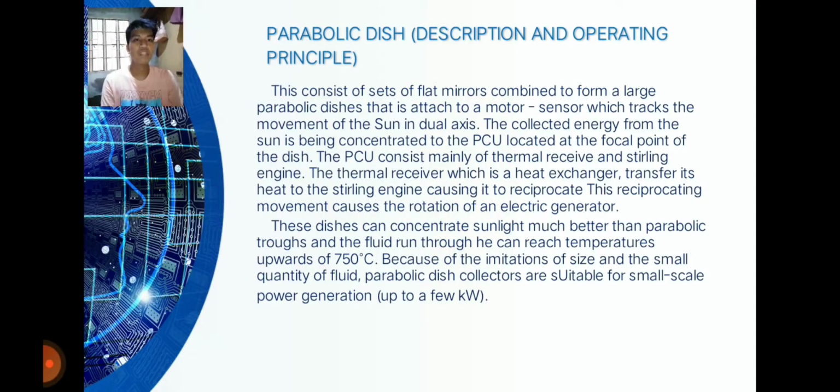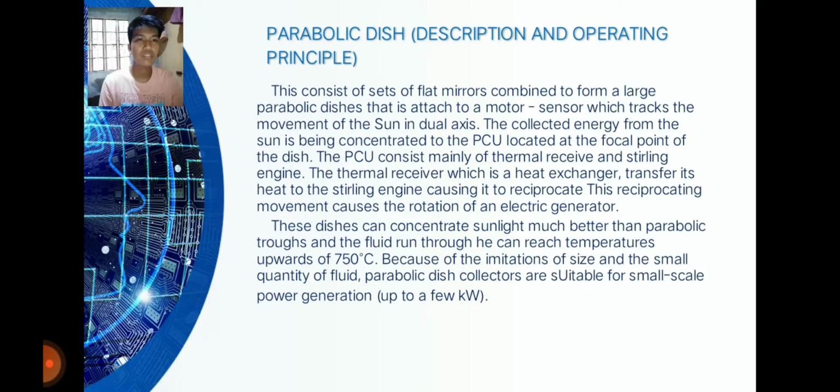So yung parabolic dish description and operating principle. So this consists of a set of flat mirrors combined to form a large parabolic dish that is attached to a motor sensor which tracks the movement of the sun in dual axis. The collected energy from the sun is concentrated with the PCU located at the focal point of the dish.